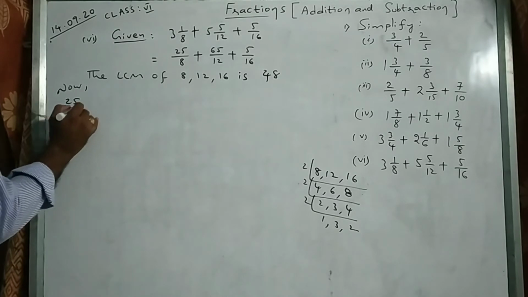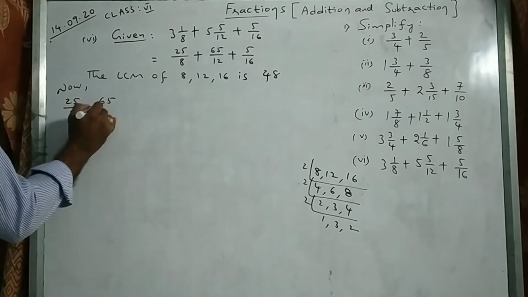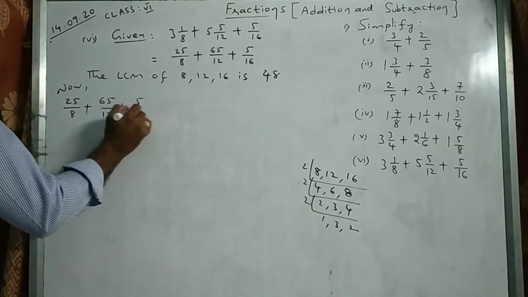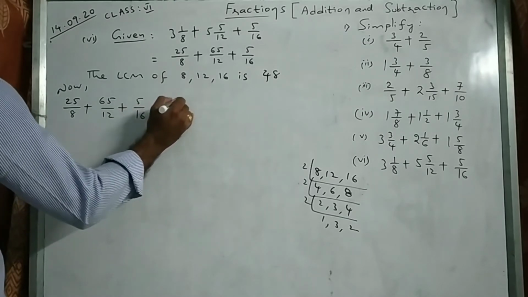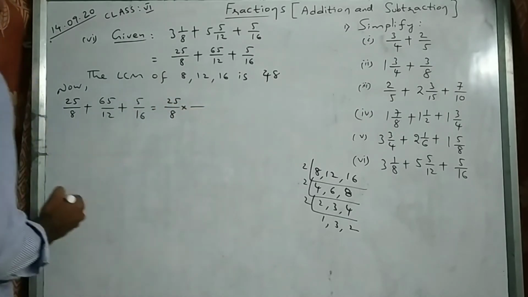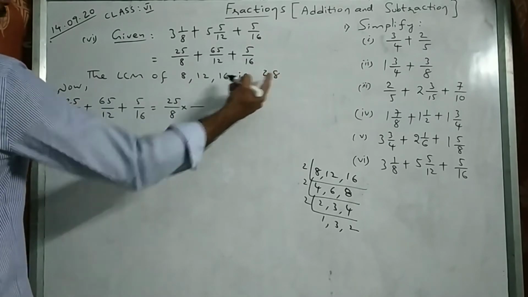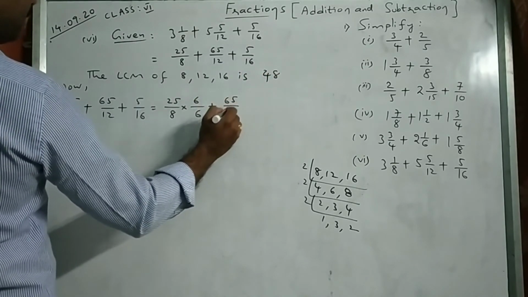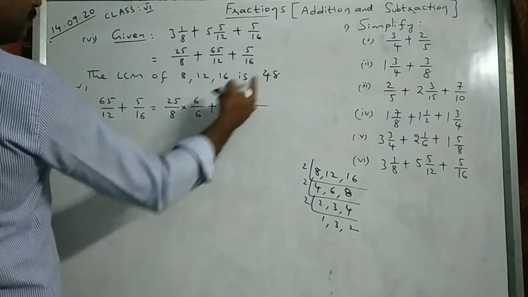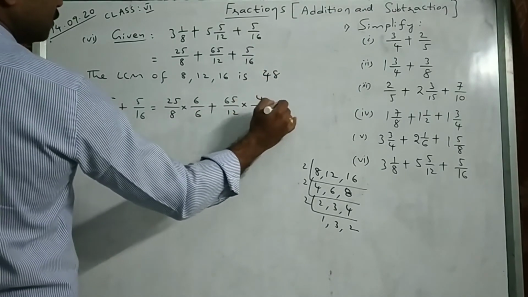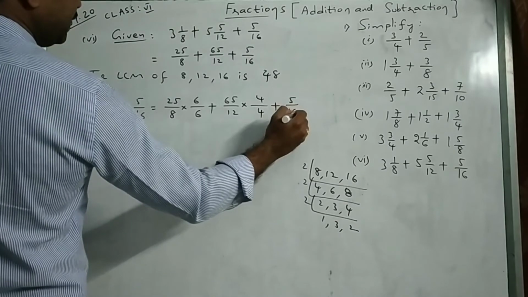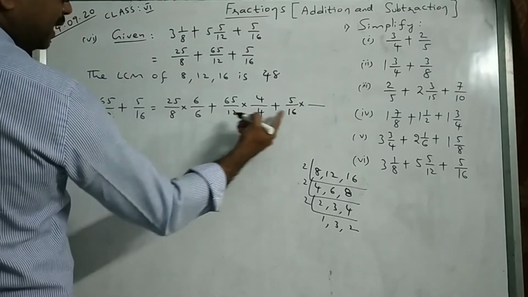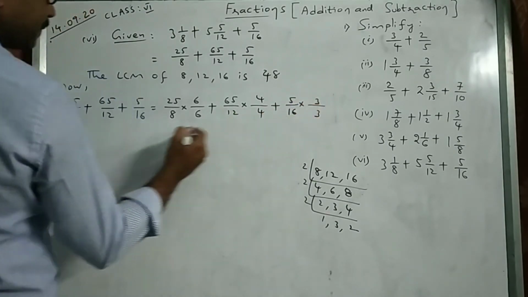48. Now take 25 by 8 plus 65 by 12 plus 5 by 16 equal to 25 by 8 into, by what number should you multiply to get 48? 8 6s are 48, right? 65 by 12 into, by what number should you multiply? 4. Next 5 by 16 into, by what number should you multiply? 3.